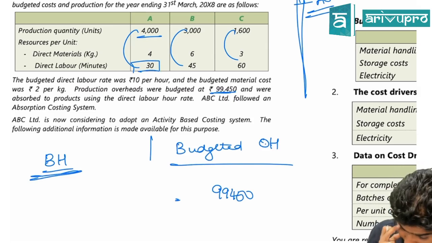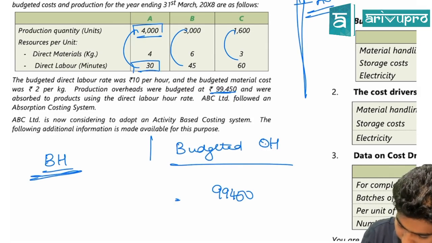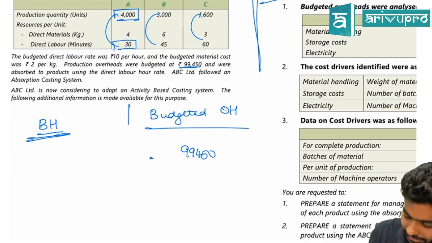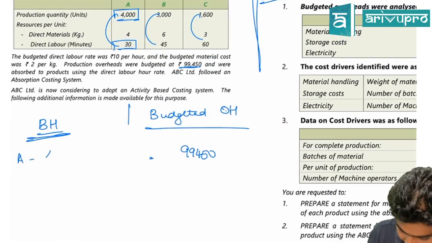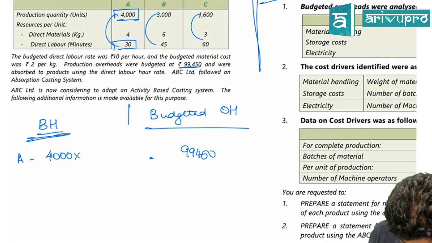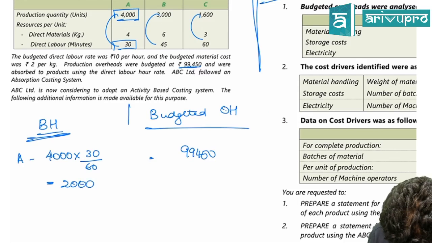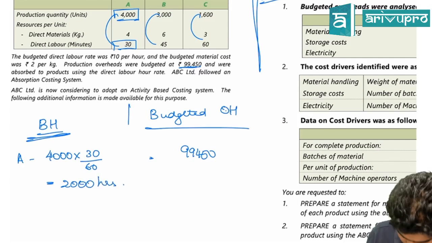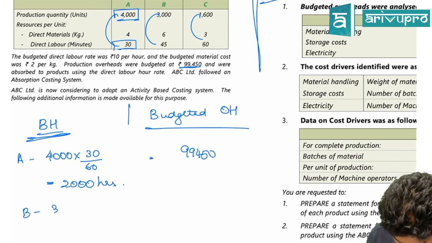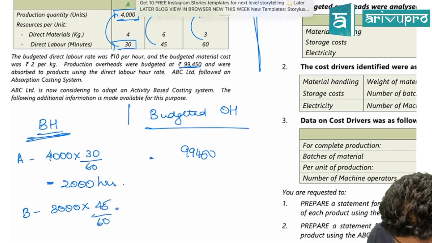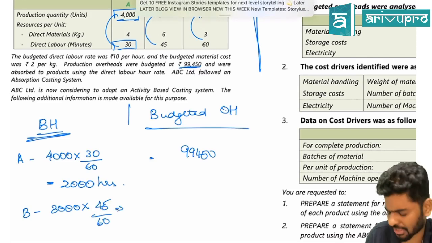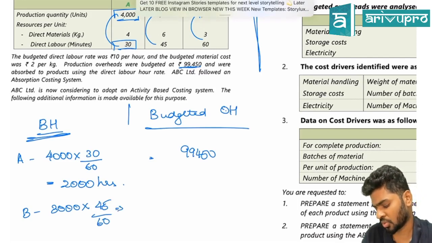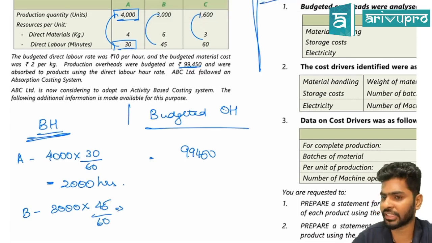Now see here. For product A, it will take 4,000 into 30 by 60. That is, it takes 2,000 hours. Yes or no? For product B, 3,000 units, 45 minutes. So if I try finding number of hours, it becomes 2250.